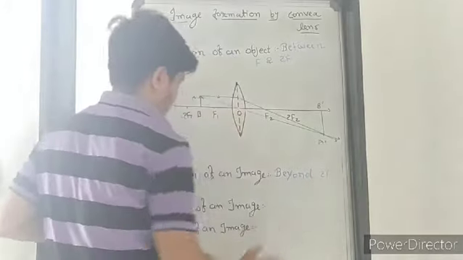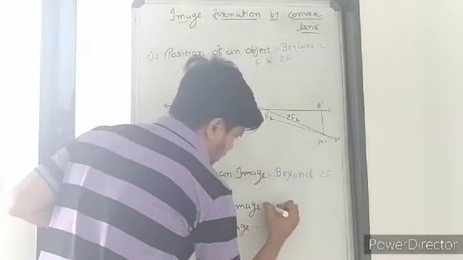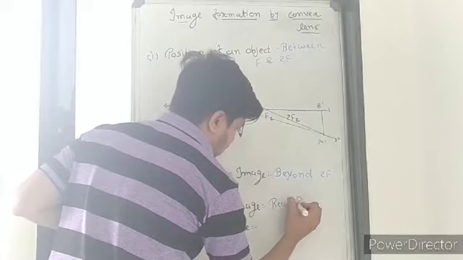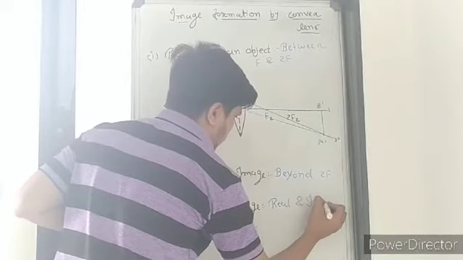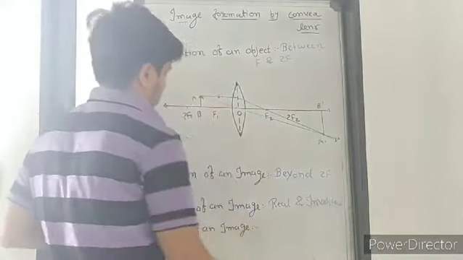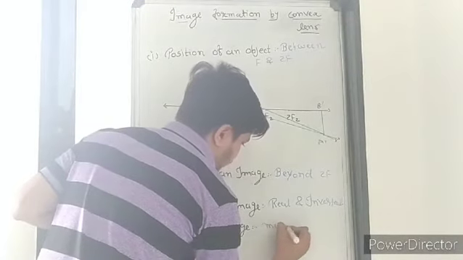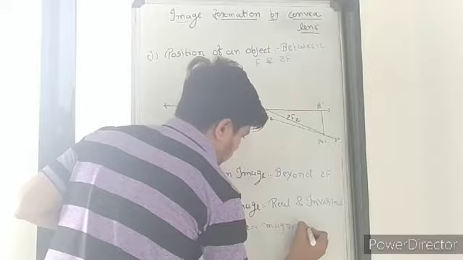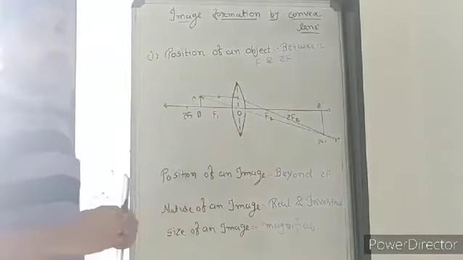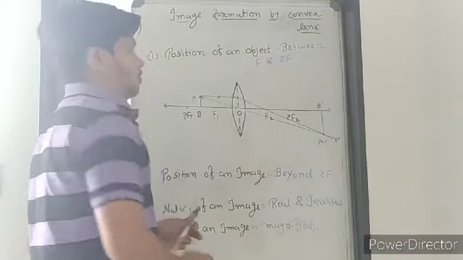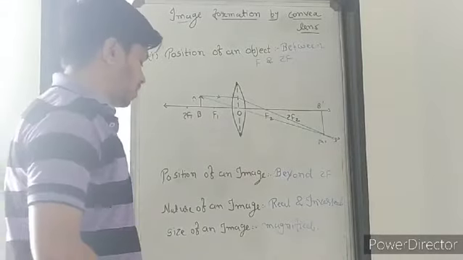What is the nature? It is real and inverted. And the size is magnified. It is bigger than the object. So here it is our 4-image formation.